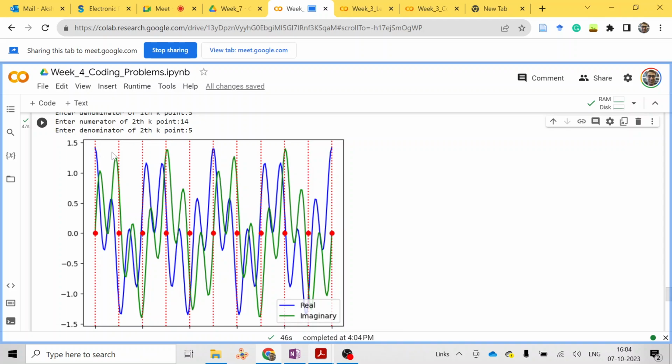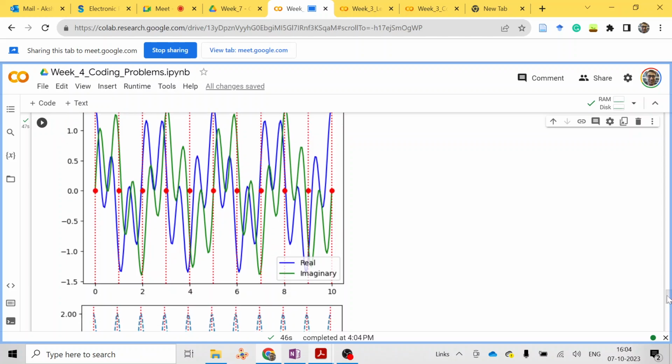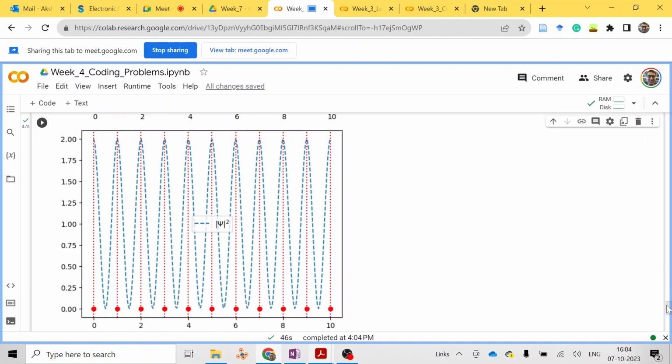The blue curve is continuous, the green curve is also continuous, going up and then down, so the periodic boundary condition is fine, and this condition is also satisfied. Our mod of psi square has the periodicity of our direct lattice. So B option is also working quite well. A and B options both are correct.